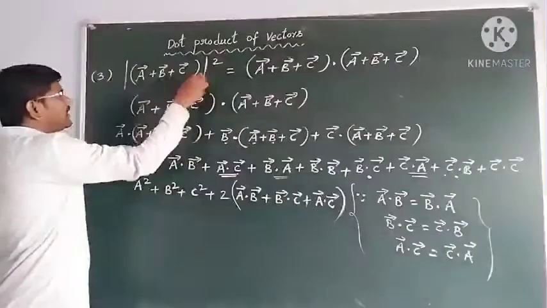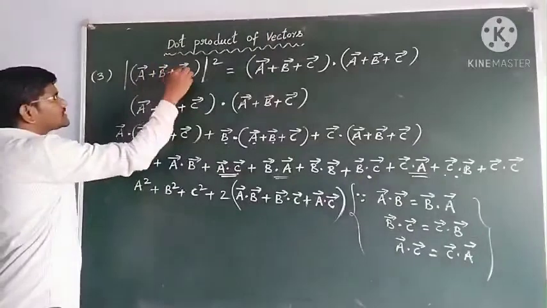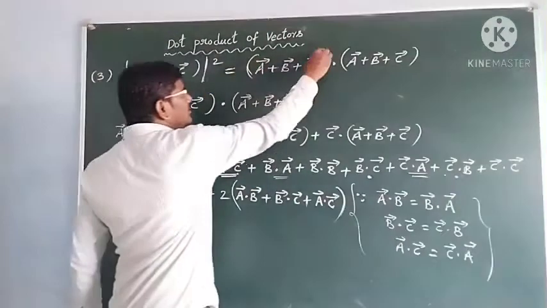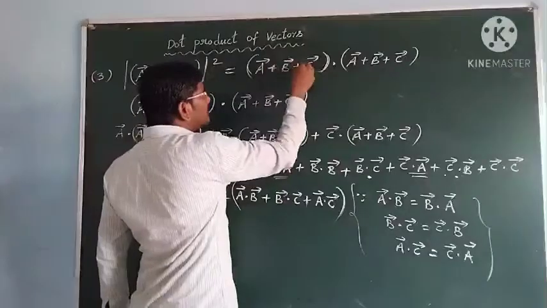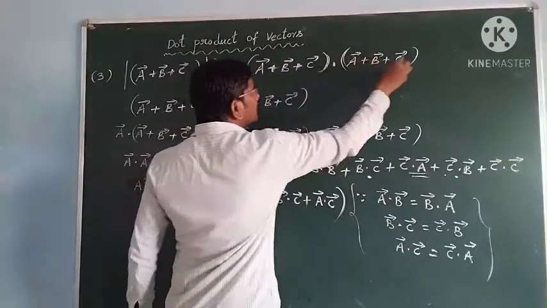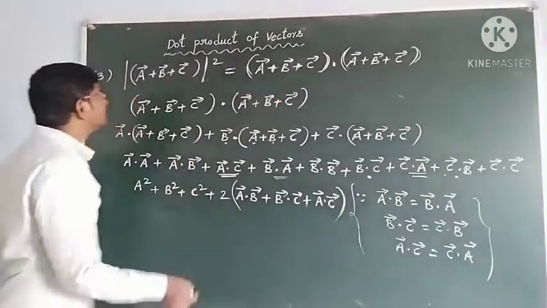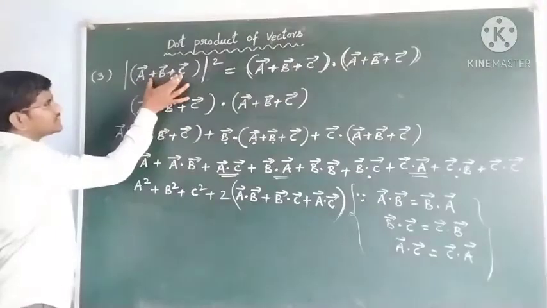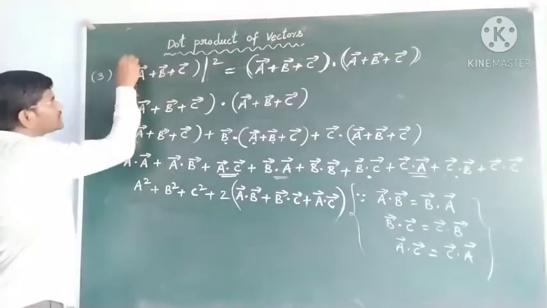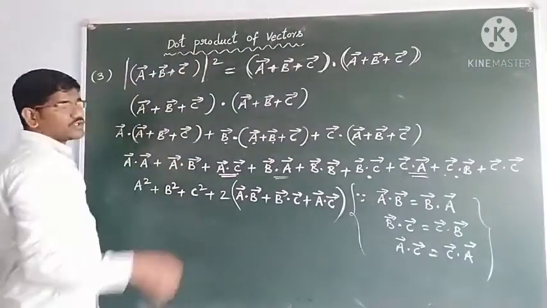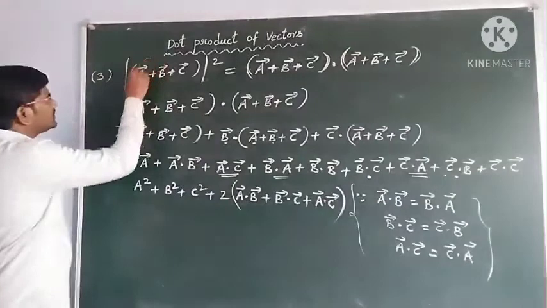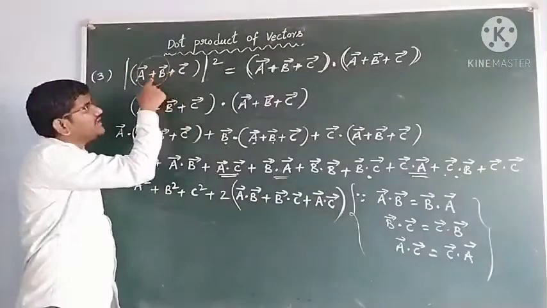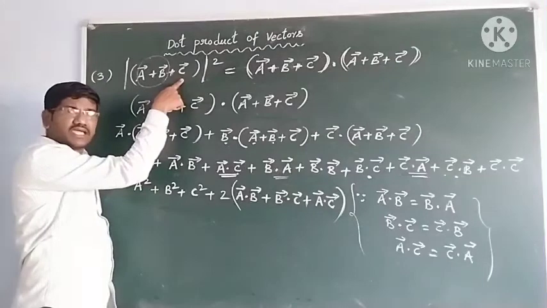So that is the value of modulus of a bar plus b bar plus c bar whole square. We will get it like this: a plus b plus c dot a plus b plus c. If you add these two vectors, you will get another vector. The resultant is also again a vector only.